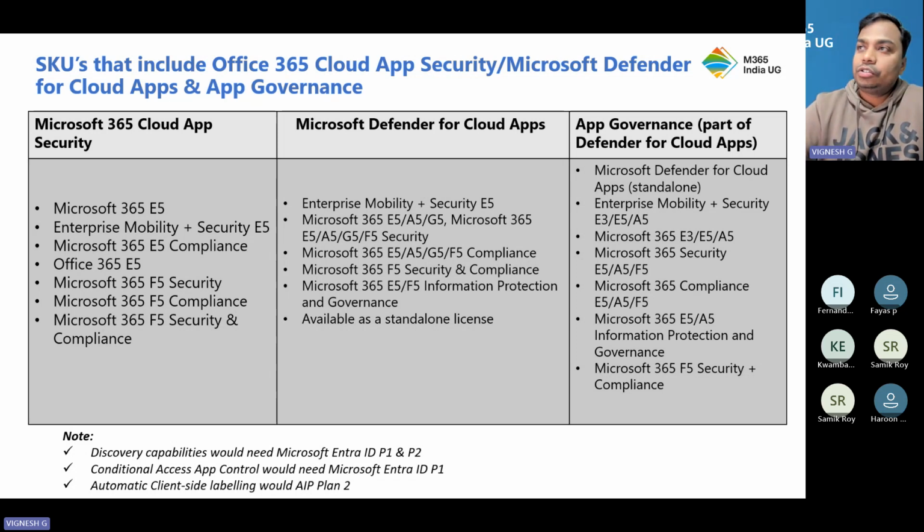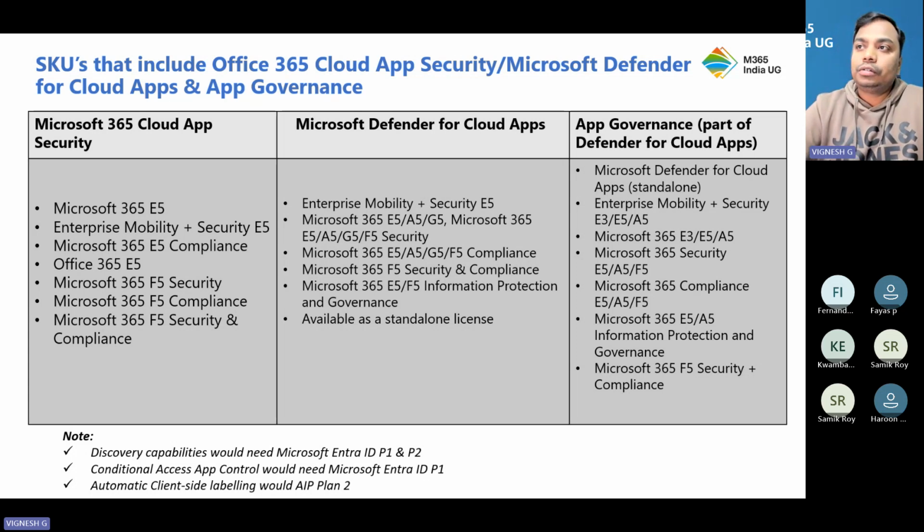But your Microsoft Defender for Cloud Apps is meant for a lot of other SaaS solutions. It's not just meant for Microsoft 365, which is the primary one, but it can take care of other SaaS solutions also, Dropbox, Google, and there are about 33K apps out there which it can look into.